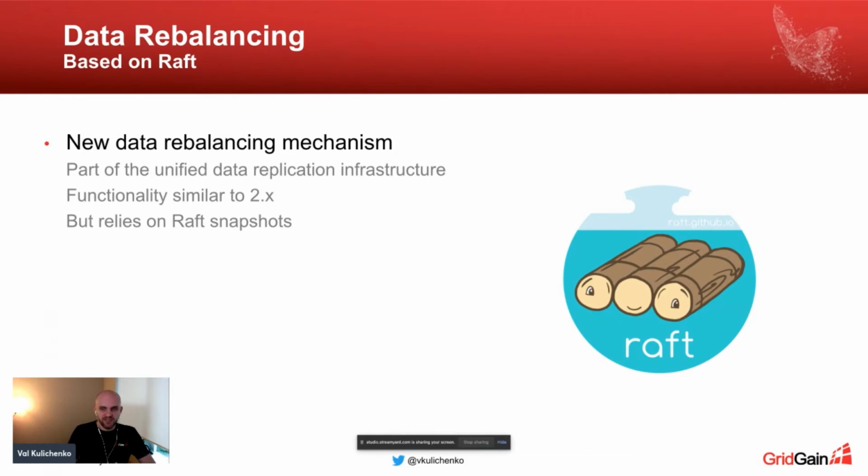So again, this is a common theme with Ignite 3, that we are trying to use the existing technologies that are battle tested and well known, and also trying to use them as much as possible within the architecture in order to minimize the new code that we have to write, especially in terms of internal protocols that are responsible for these kinds of things.